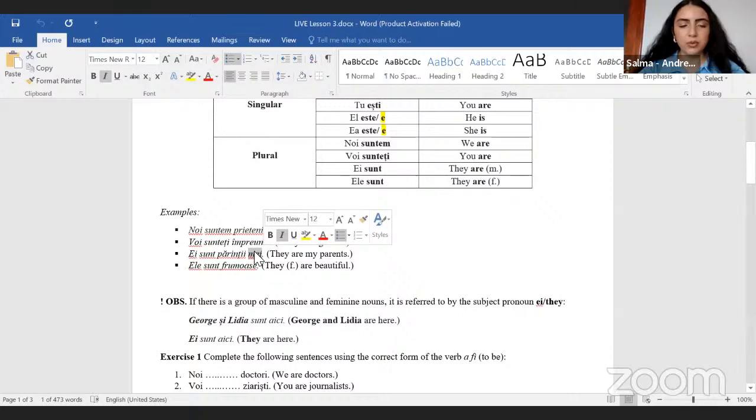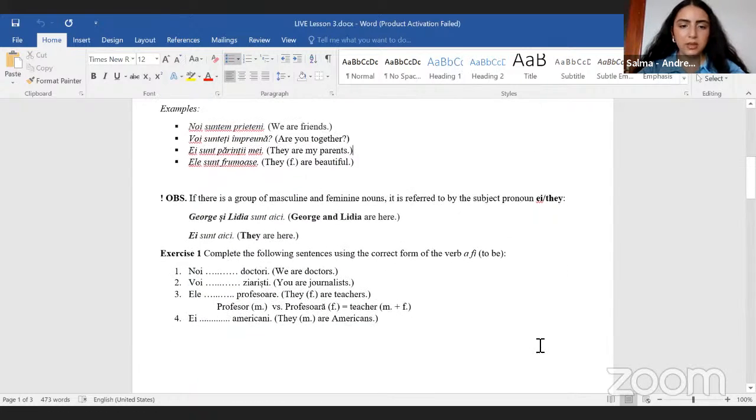So the position is reversed. It would be parents my, if we were to translate it literally. So the order of the adjectives and the nouns in Romanian is the exact opposite of that in English. But we will discuss this later on in more detail.